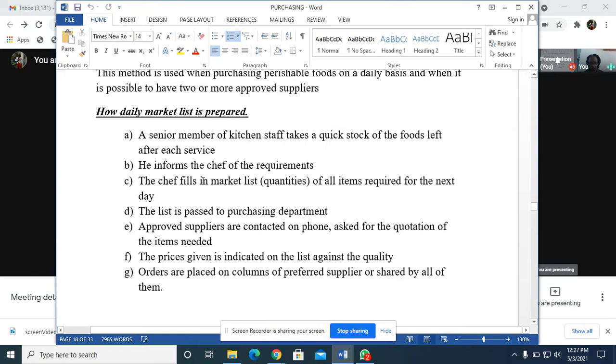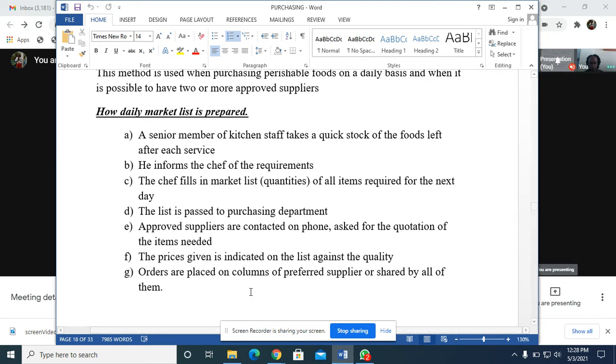Then he informs the chef of the requirements for the next meal. Then the chef fills in the market list the quantities of all the items required for the next day. So that means that the requirements for the next day in terms of the menu items are listed. Then the market list is indicated with the quantities.